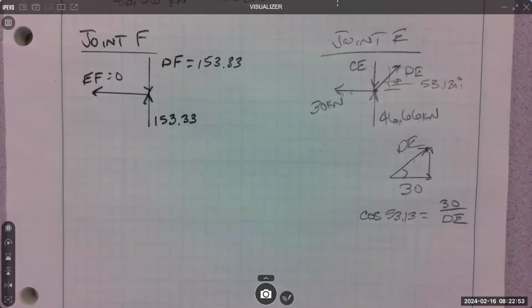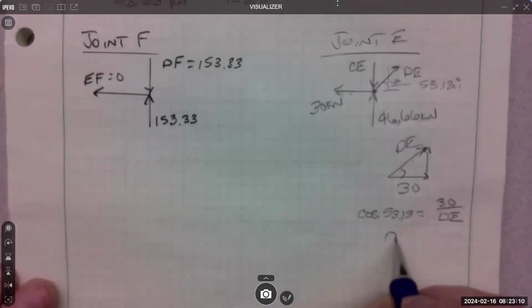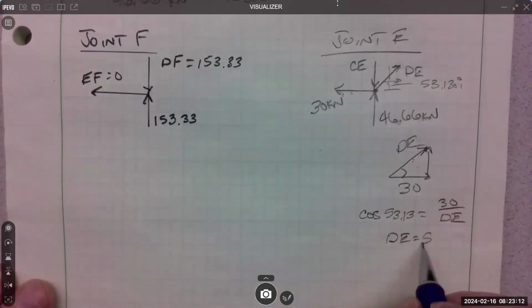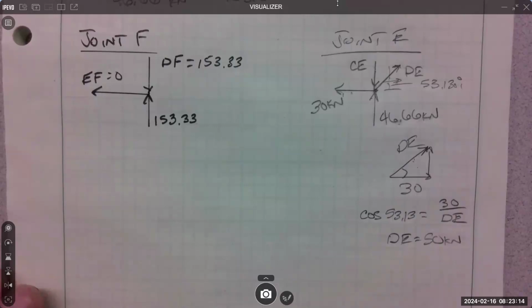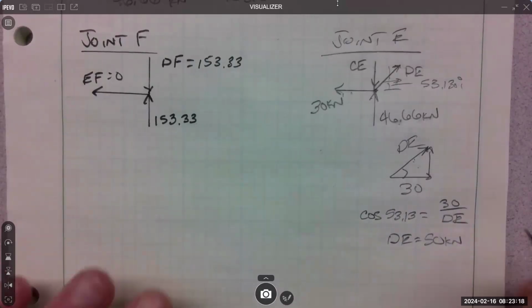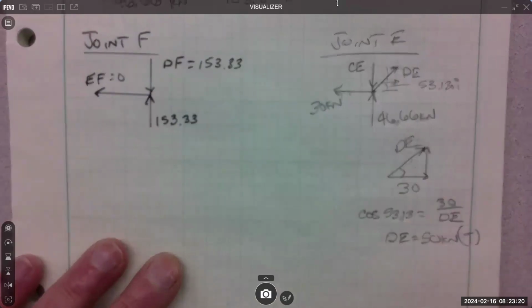Looks like it's going to be 30 divided by the cosine. 50. DE equals 50 kilonewtons. Compression or tension? Tension. Pointing away.